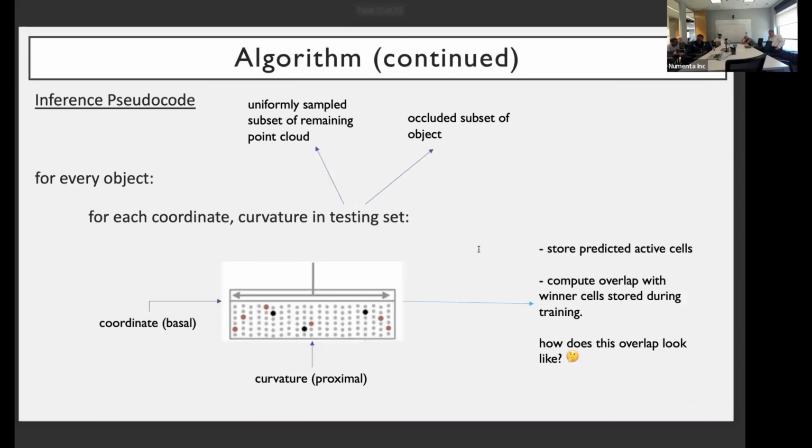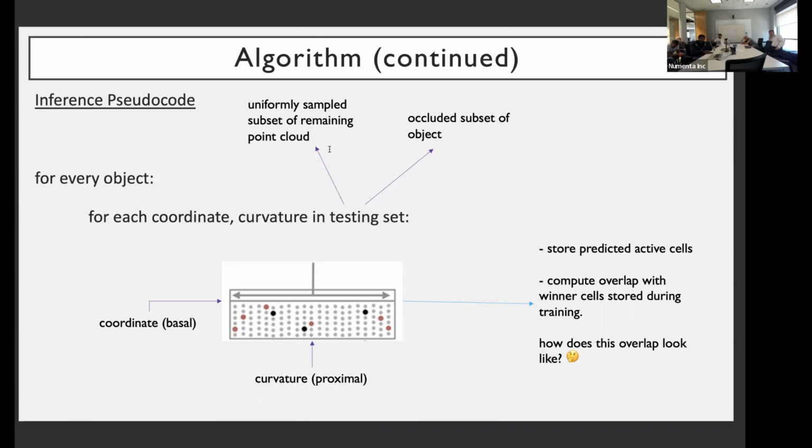Okay, inference is pretty much the exact same thing. I pass in the curvatures as the proximal input and the coordinates as the basal input. The only thing is I'm withholding the object ID during testing. The testing set notably could be one of two things. It could be a uniformly sampled subset of the remaining point cloud, or it could be an occluded subset of the object.